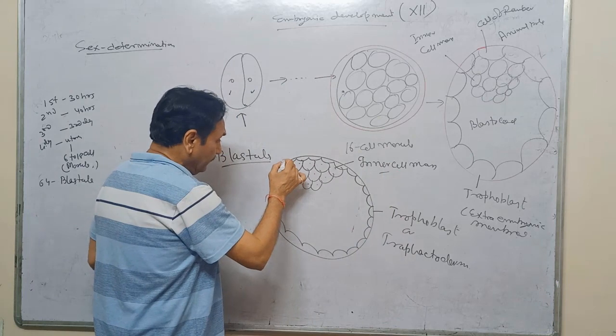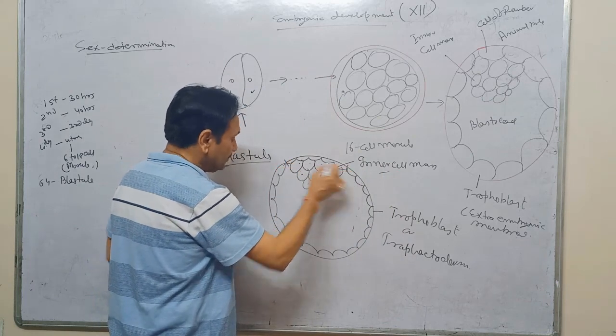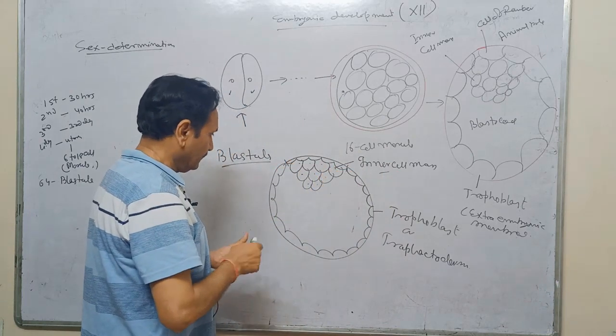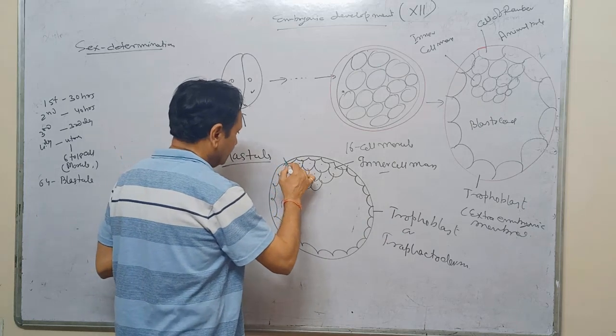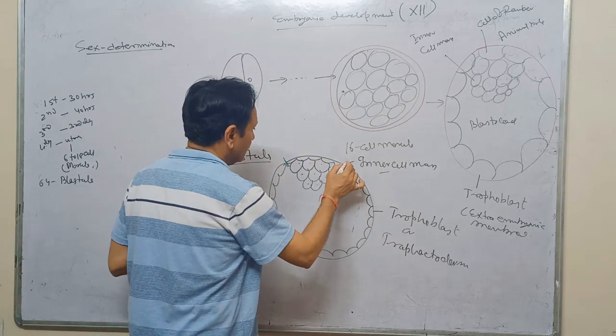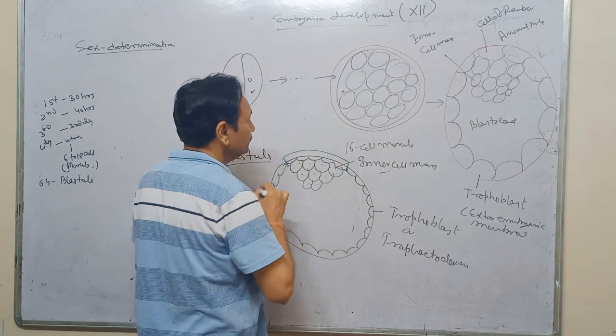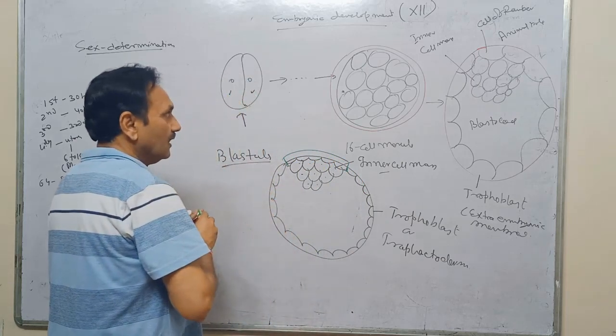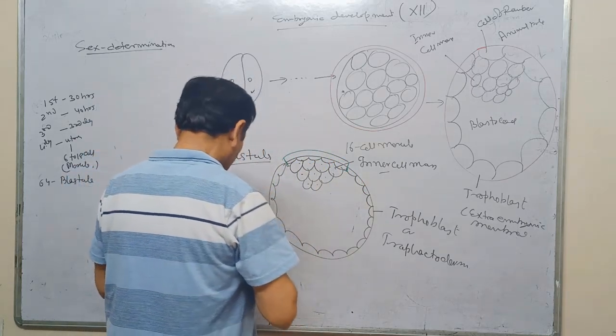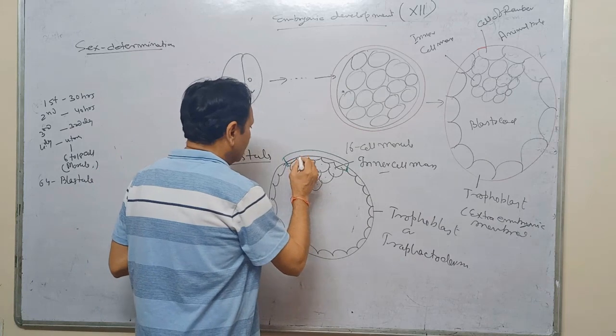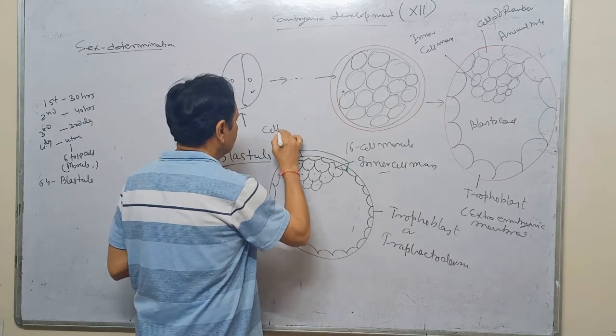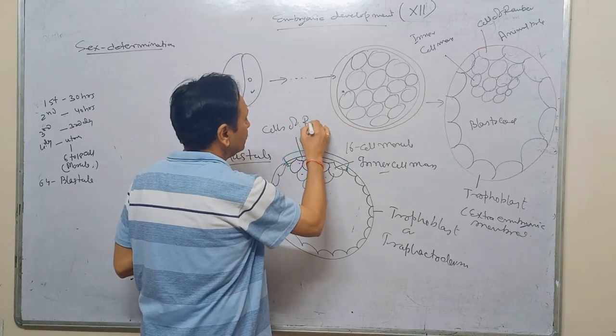The trophectoderm of this particular region is called the cells of Rauber.